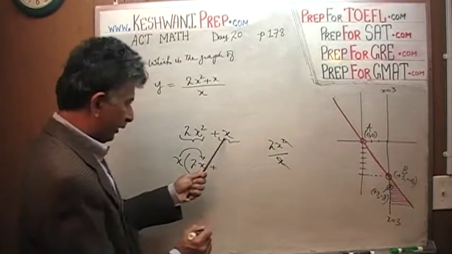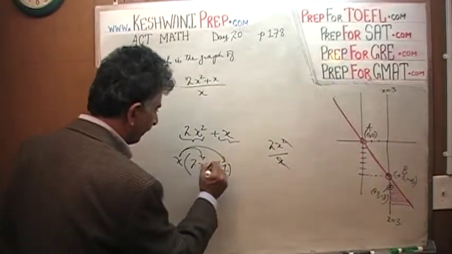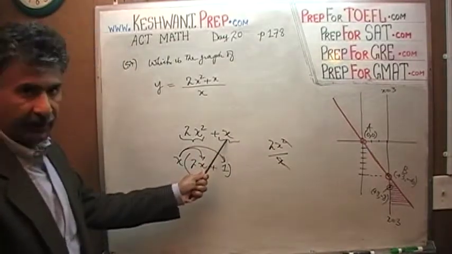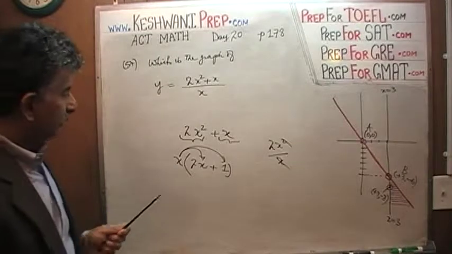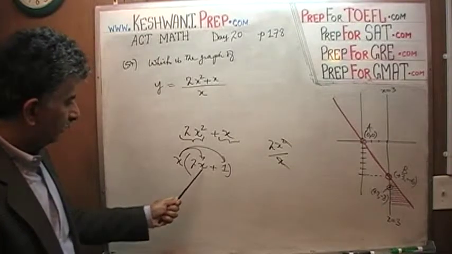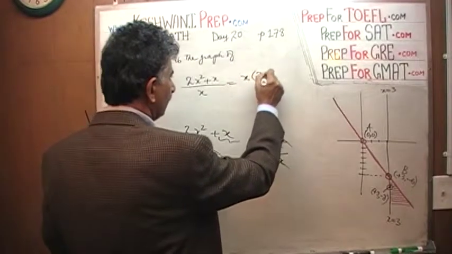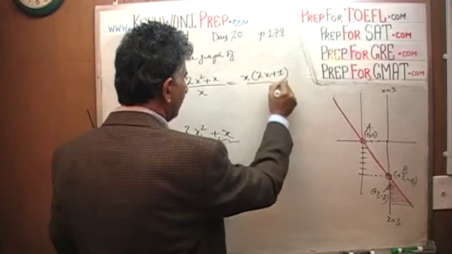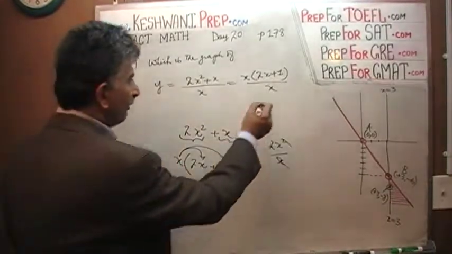Similarly, from the x we are left with 1, because x times 1 gives us our x back. So the top part is simply x times (2x plus 1). In the bottom we have x. We can divide top and bottom by x, and the x drops out.